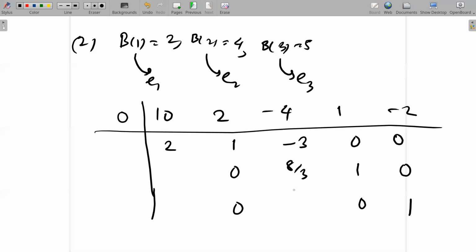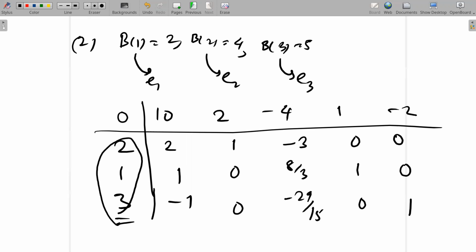And after the appropriate row operations, we have minus 29 over 15, minus 1 here, and 2, 1, 3. So we're doing the row operations to this vector B. So this actually corresponds to the BFS. So what is the BFS here? First of all, you have to put zeros in the first and second.